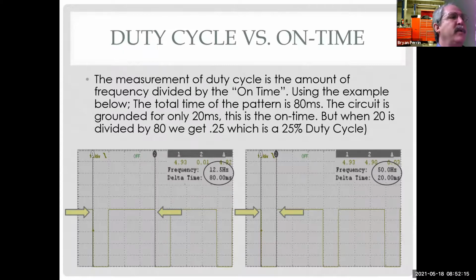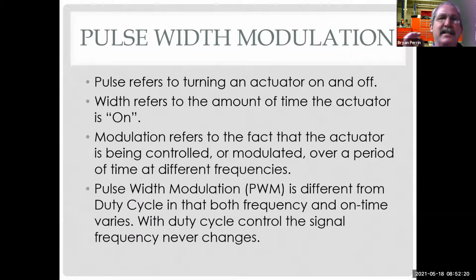Another reason for that is our last type of control, which is pulse width modulation, is actually measured in on time. Unlike duty cycle that has a fixed frequency, with duty cycle my frequency never changes. With pulse width modulation, not only do we change the amount of time we're turning the actuator on, we're also changing the frequency that we do it.